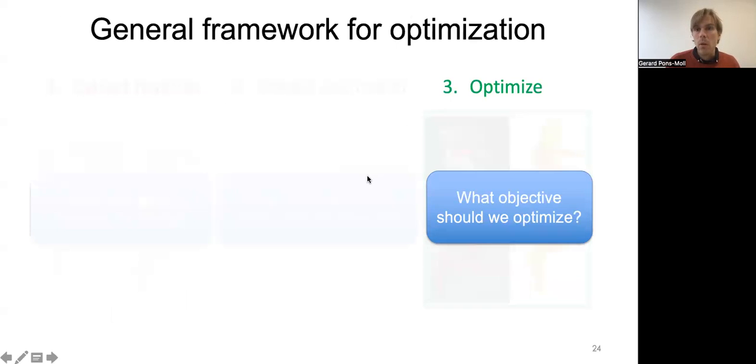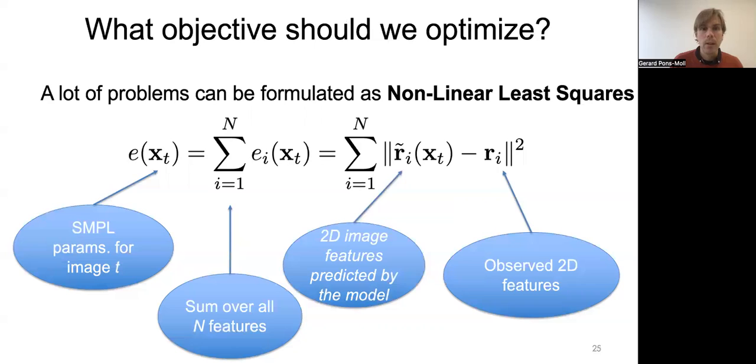Okay, so what objective do we actually optimize? We want to match the predicted features with the features in the image, but what does the objective look like? It turns out that a lot of problems can be formulated as a non-linear least squares problem. So we have here a total error. This is a scalar, which depends on the model parameters. And we want this scalar to be as small as possible, ideally 0.